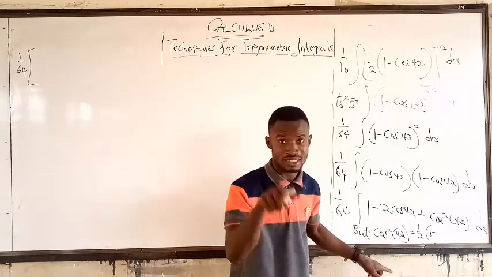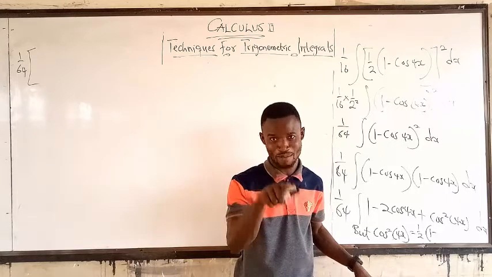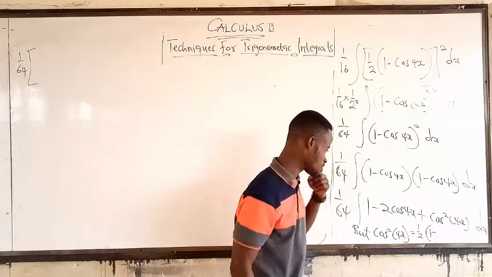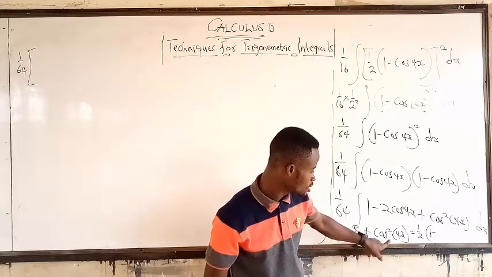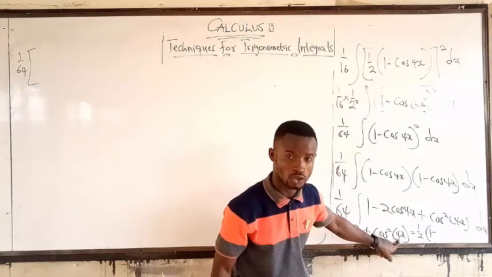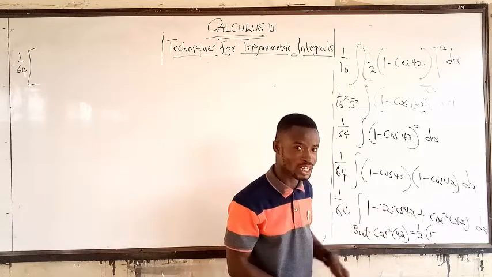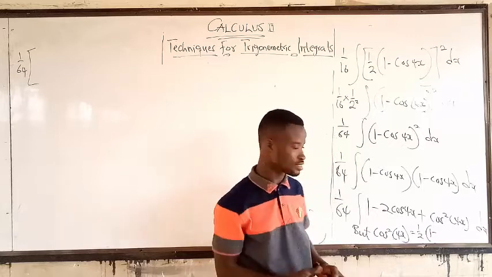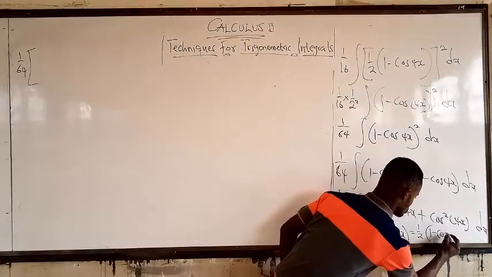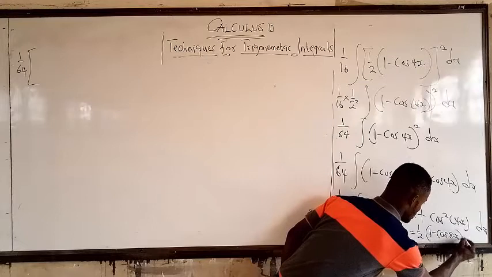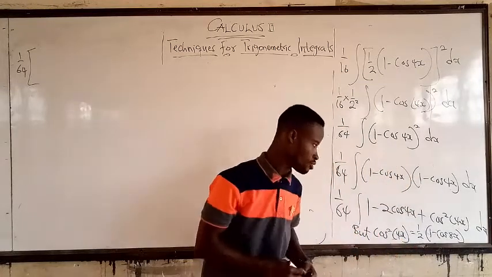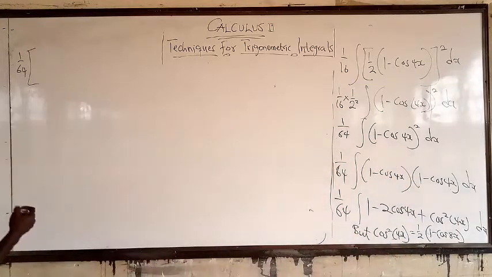Since I can see it from the camera, I'm sure you can also see it. Here is 4, so it's going to multiply the 2. So you get cos 8x.